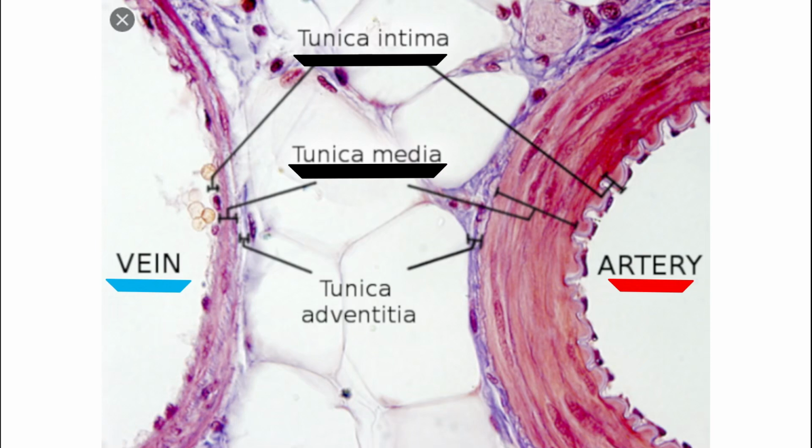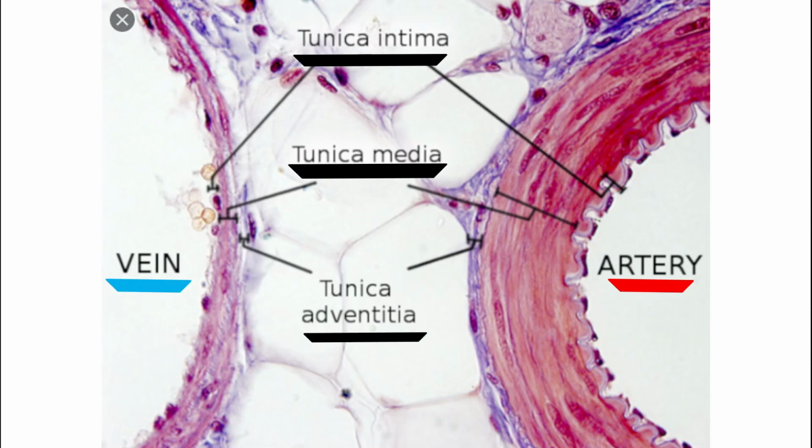The tunica media is the thickest layer in the wall of arteries, but in case of the veins, it is not as thick as that of the arteries.